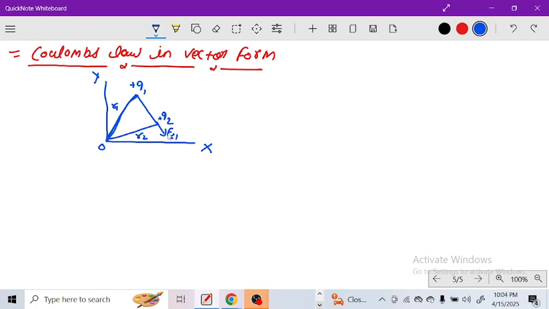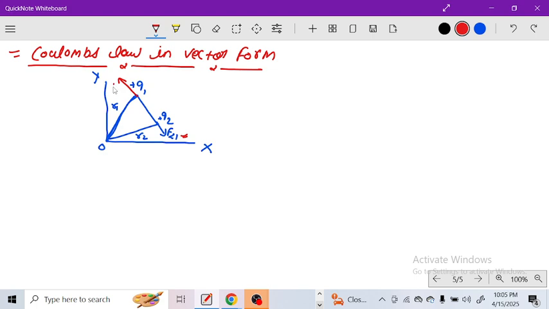Force on charge 2 due to charge 1, that's why I am writing F21. F21 shows us the force on charge 2 due to charge 1. So q2 will also repel q1 this way, Kavya.